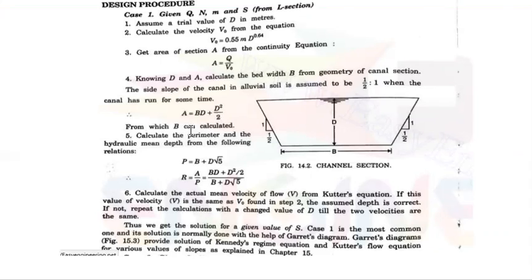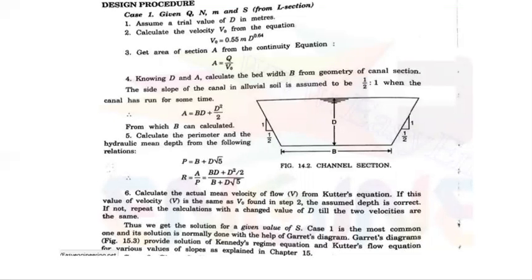So from this, you can find B and also calculate the wetted perimeter and the hydraulic mean depth. Here you have the wetted perimeter, and you can use it to find the hydraulic mean depth. Then you can calculate the actual mean velocity V from Kutter's formula and compare it.